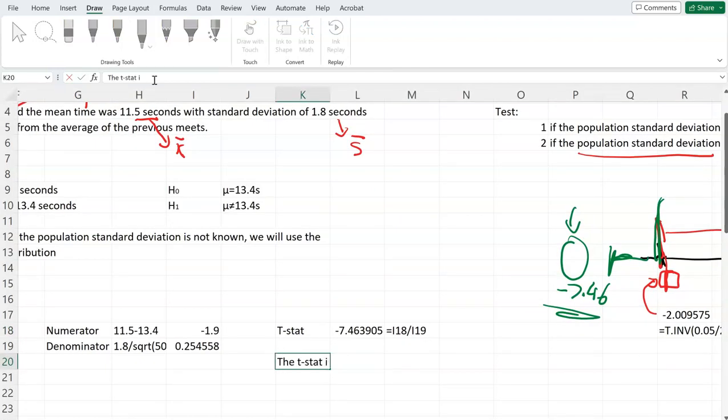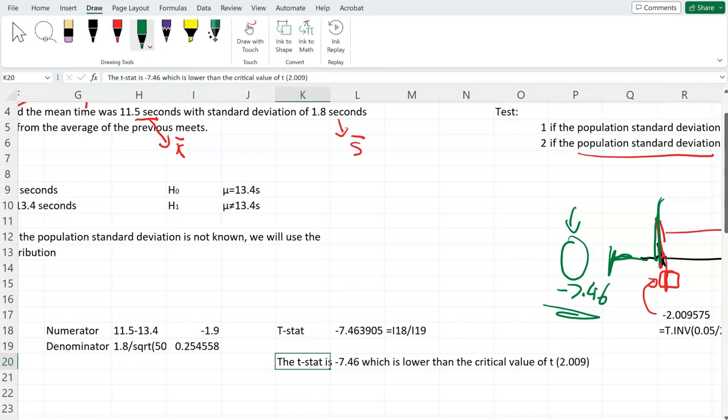the t-stat is minus 7.46, which is lower than the critical value of t, which is 2.00. Or we could actually write the absolute value of t-stat, and then we can delete the negative sign, because sometimes it's lower, sometimes maybe above.